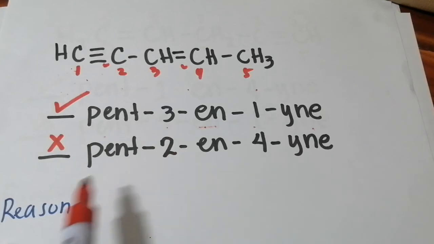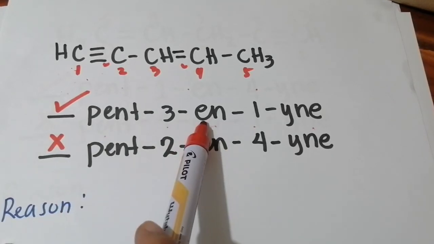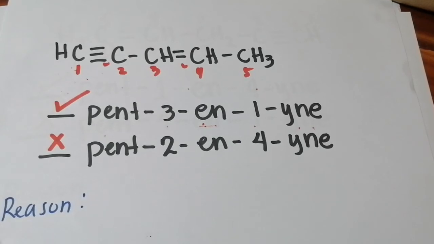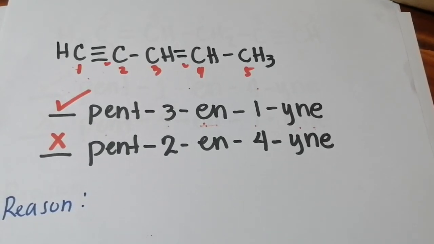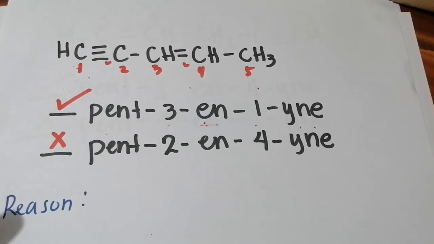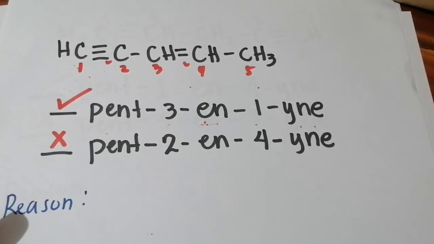But when you write it, the "en" first comes before the "yne". Those are the reasons in identifying the correct name of molecules in IUPAC nomenclature of hydrocarbons.